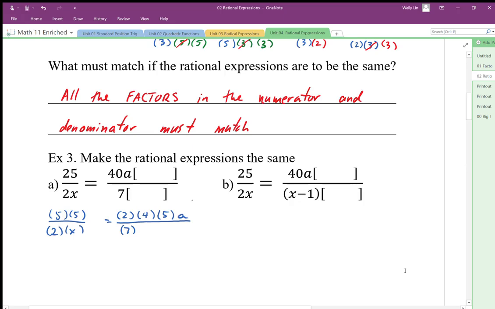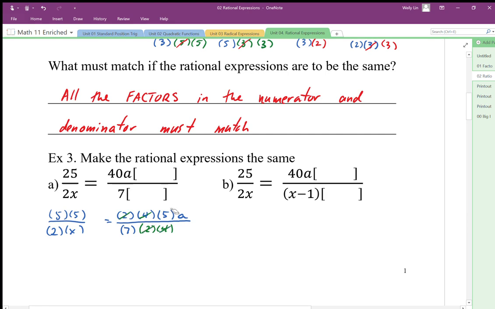Okay, so we need to introduce factors and cancel out factors that we need to get rid of. So we don't want these factors of 4 and 2, because we don't have a 4 and 2 in the numerator here. So that's the first thing I'm going to do, is eliminate those factors by introducing those two factors there.